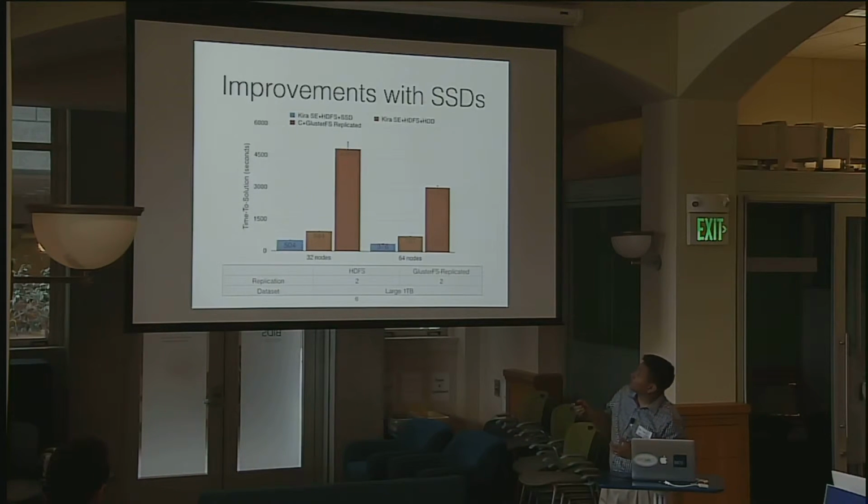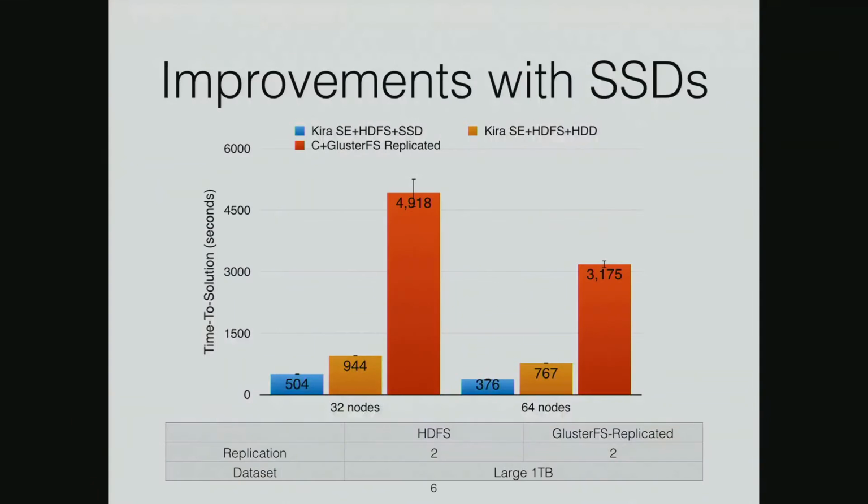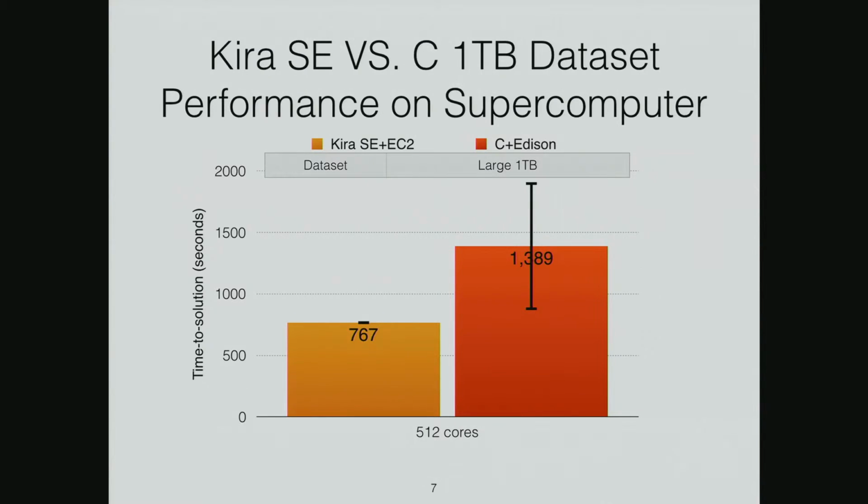Since it's data intensive, we tried out a solid state disk on the Institute cluster. We observe another performance improvement by a factor of 2. Then we compare the Kira performance on clouds to the equivalent C implementation on the Edison supercomputer.